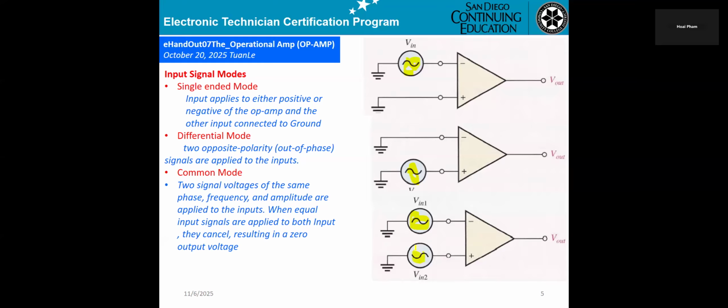Only one thing you have to recognize: the inputs applied must be opposite, 180 degrees out of phase. If V in 1 goes up, V in 2 has to be going down. They cannot be the same. Okay? That is very important.